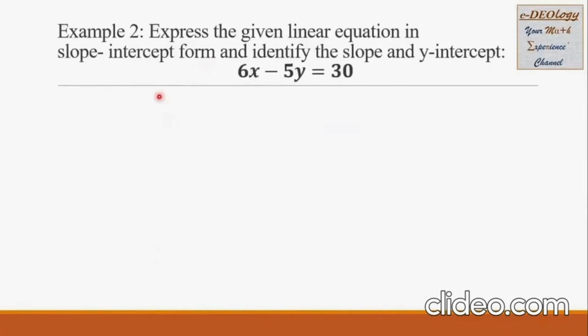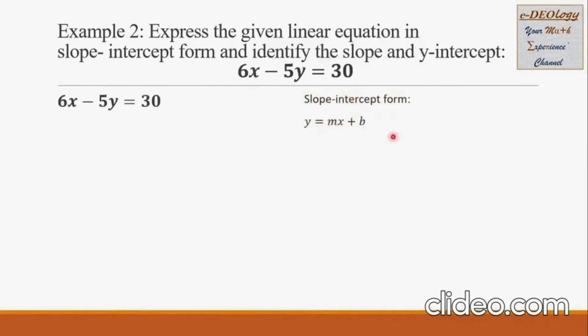Let us have example 2. Express the given linear equation in slope-intercept form and identify the slope and y-intercept of this line: 6x minus 5y equals 30.